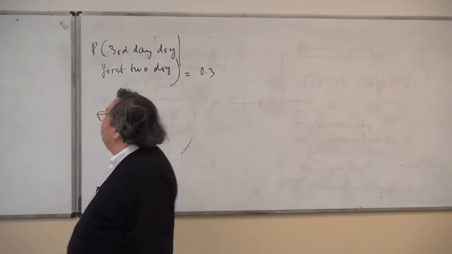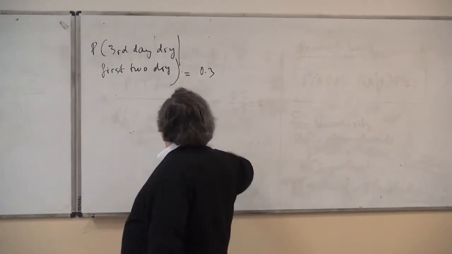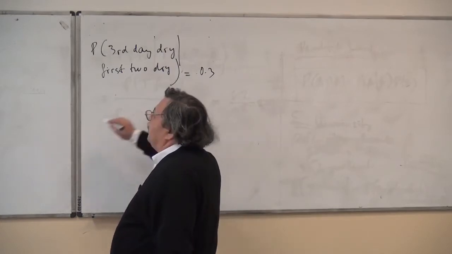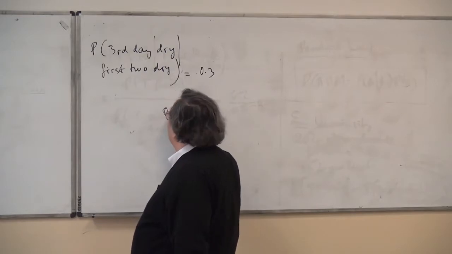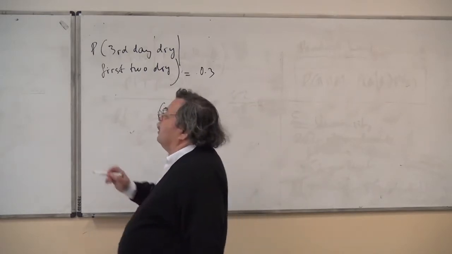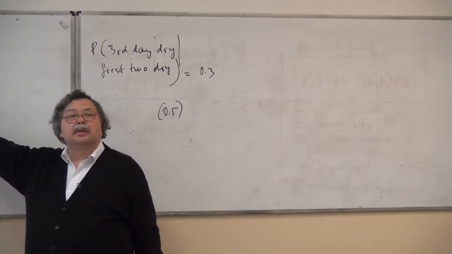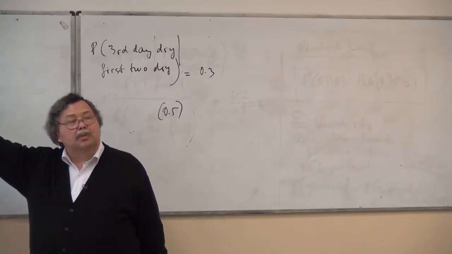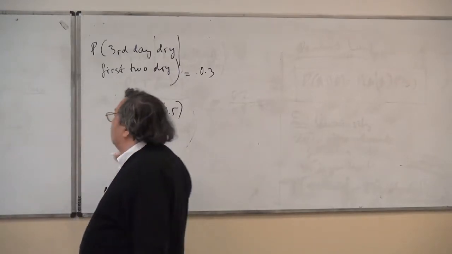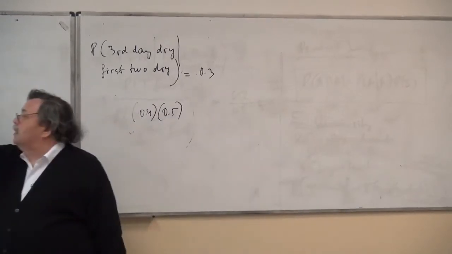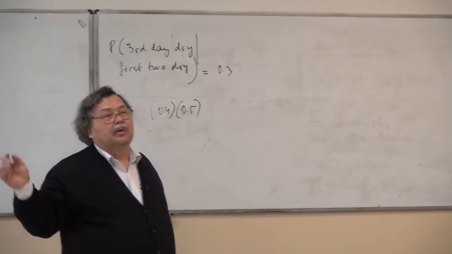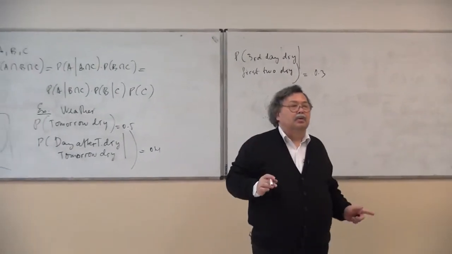Using this formula, we first write the probability that tomorrow will be dry, which is 0.5. Then we multiply it by the probability that the day after tomorrow will be dry, given that tomorrow is dry, which is 0.4. And then we write this, the probability that the third day is dry, given that the first two are dry.